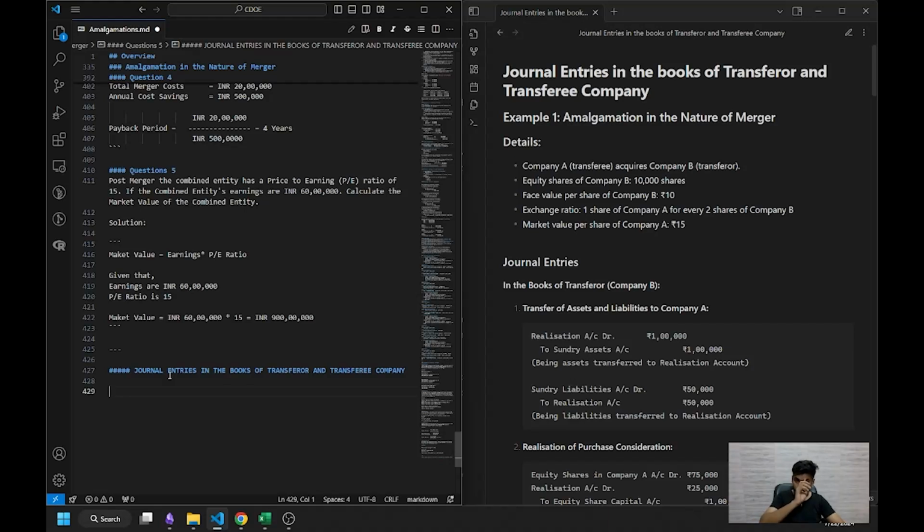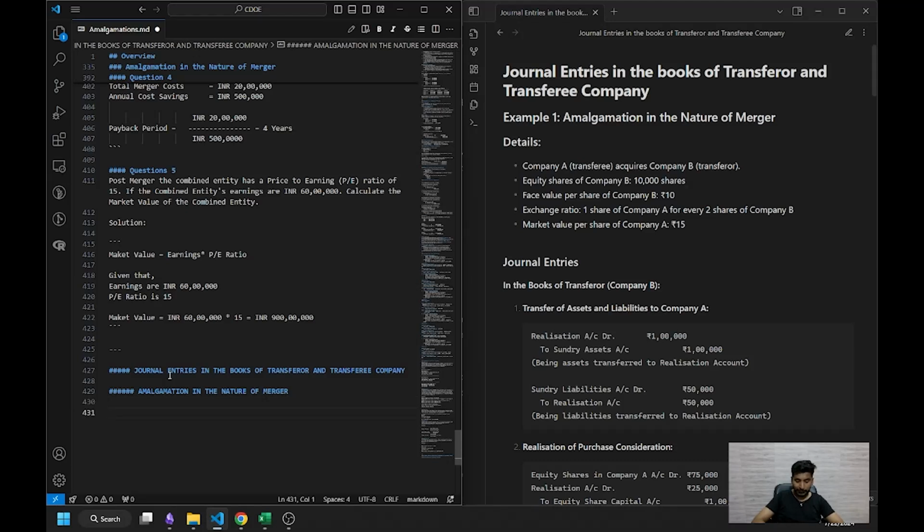In order to learn that, we shall take the help of an example here: amalgamation in the nature of merger.